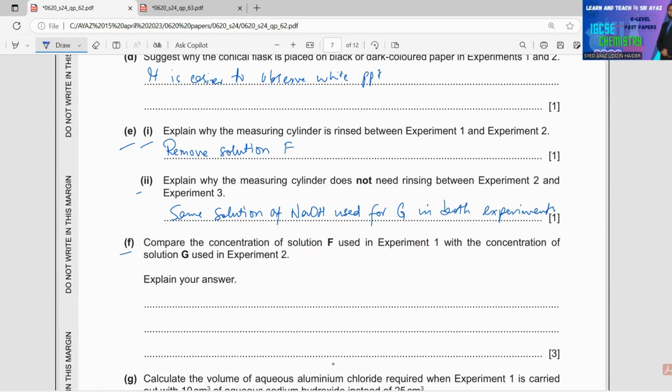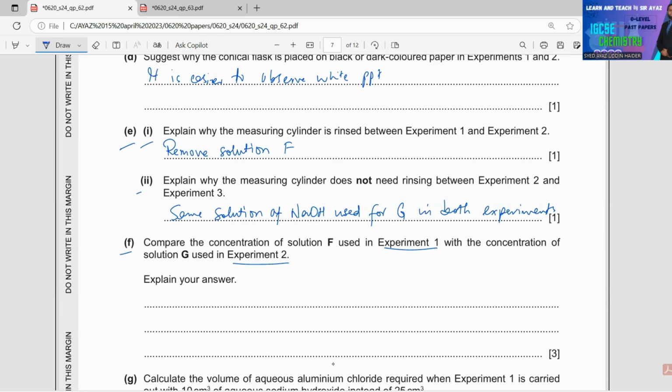F. Compare the concentration of solution F used in experiment 1 with the concentration of solution G in experiment 2. Explain your answer. Now, here they are asking the comparison in the concentration of solution F used in experiment 1 with the concentration of solution G used in experiment 2.